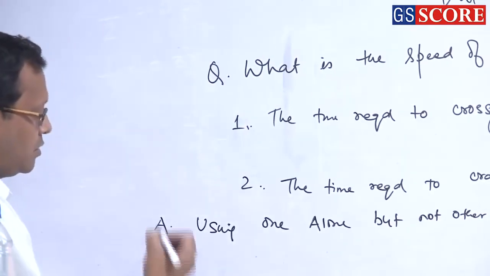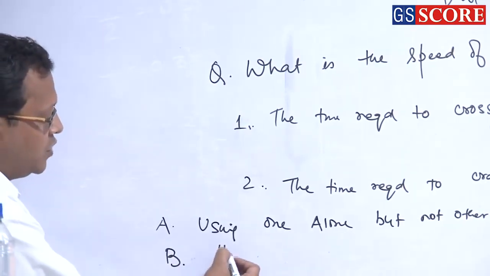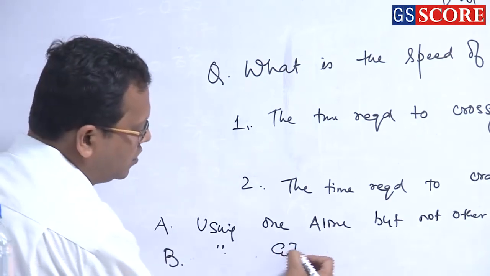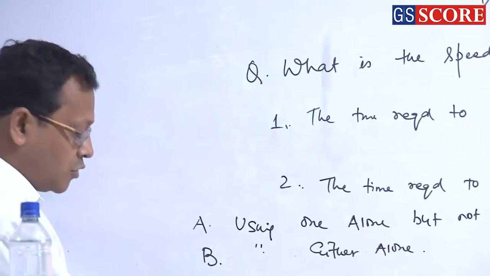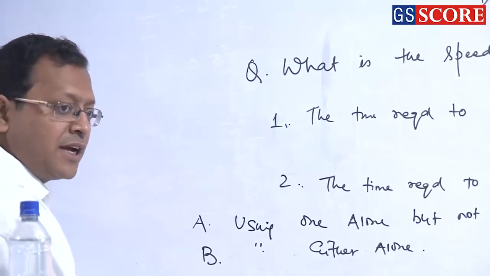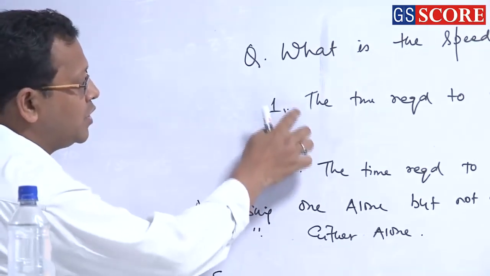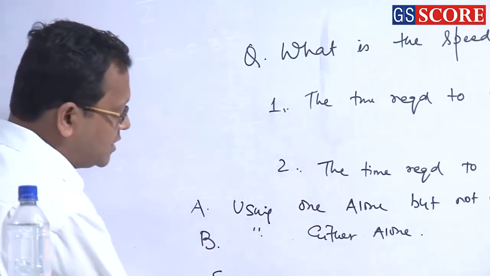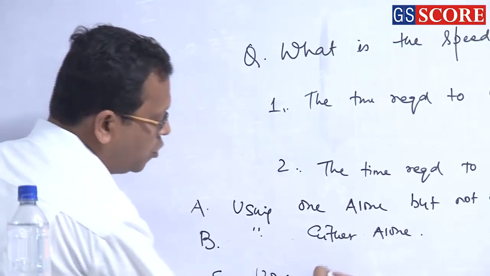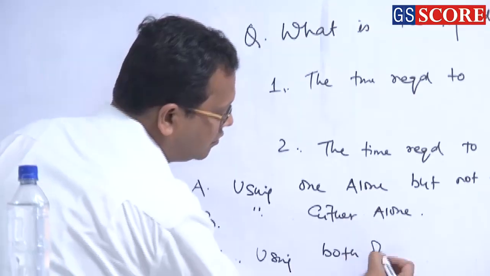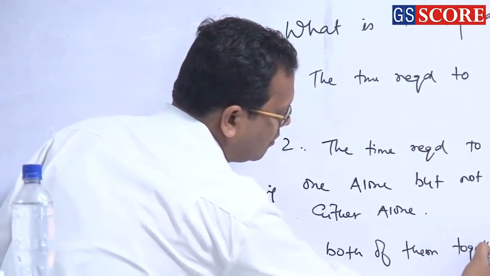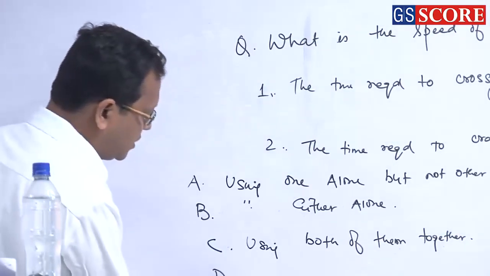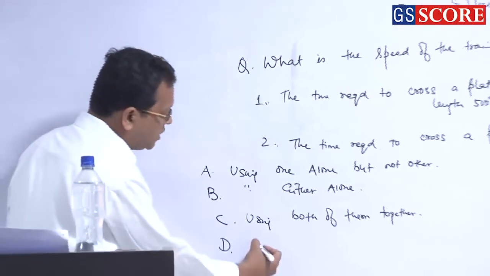Option B, question can be answered using either alone. Option number C, question cannot be answered using both the statements alone, but can be answered using both of them together. And finally, D option, question cannot be answered.